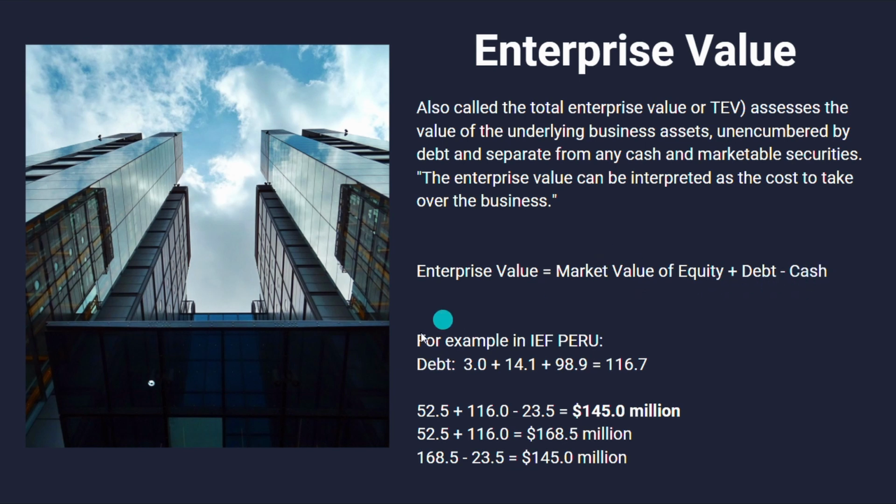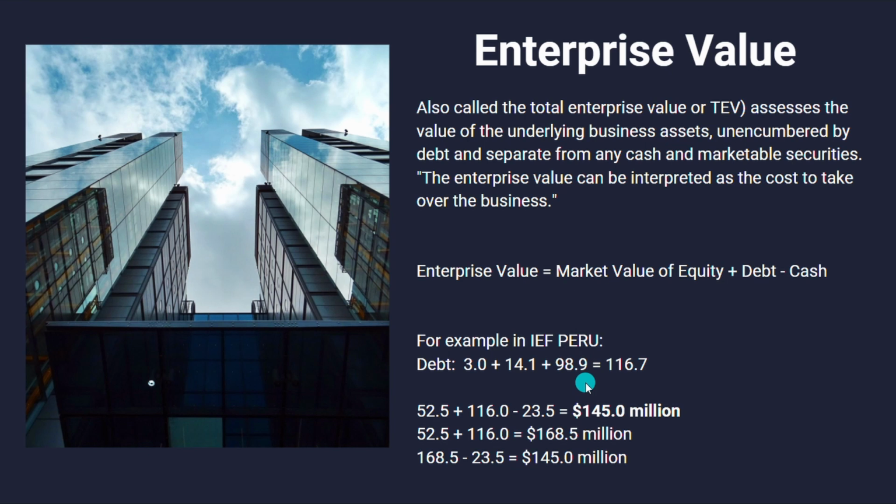From our example, EF Peru's market cap in 2016 is $52.5 million. Its debt is $116 million: $3 million of notes payable, $14.1 million of current maturities of long-term debt, and remaining long-term debt of $98.9 million.